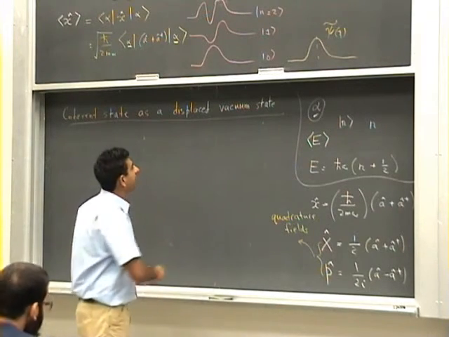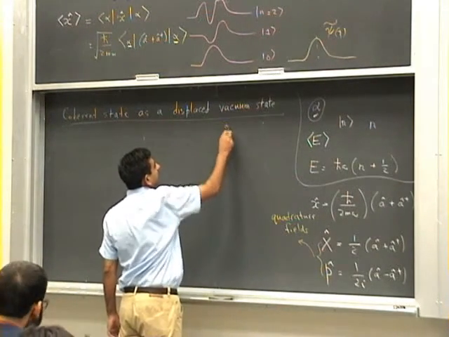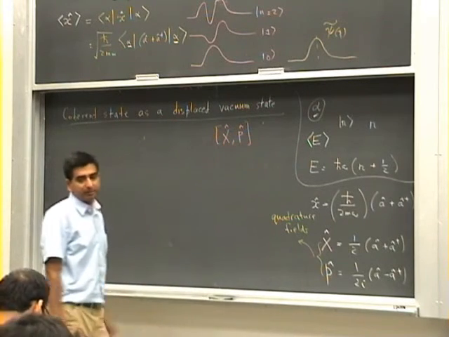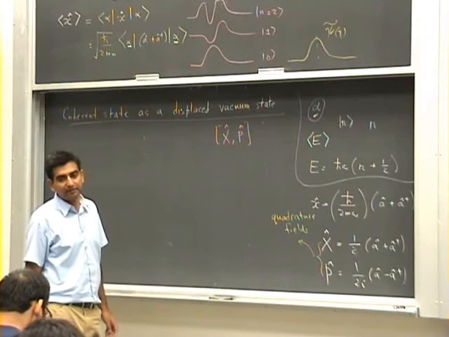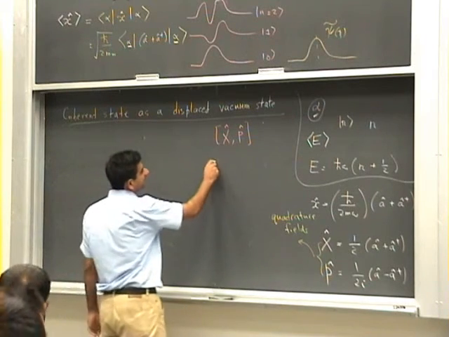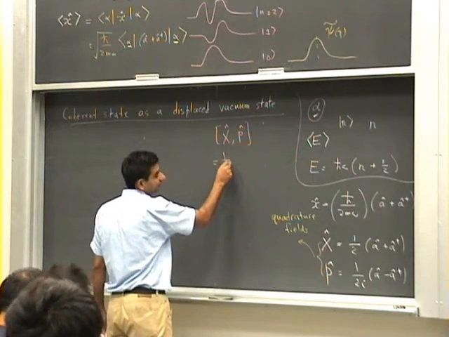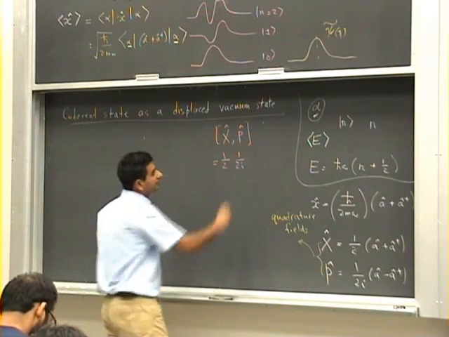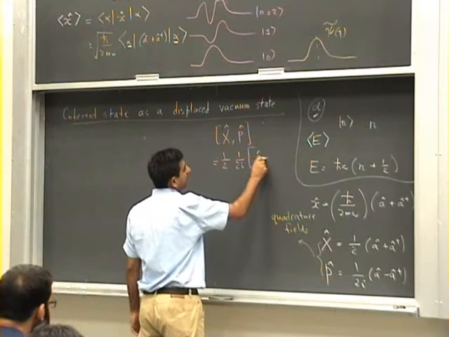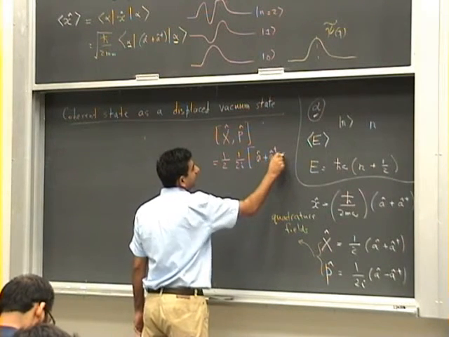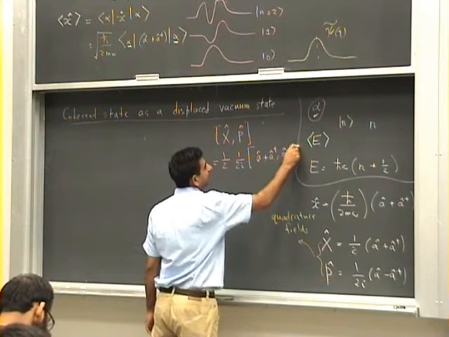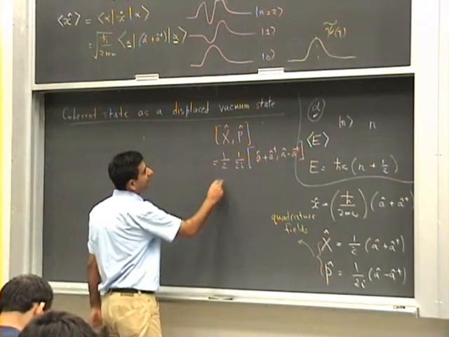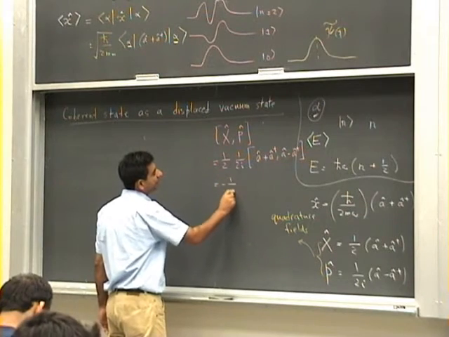And you can find the commutator of capital X and capital P. So this is simply going to be half times 1 over 2i times (a plus a dagger)(a minus a dagger). Correct? So this is going to be 1 over 4i squared, which is minus 1 over 4.